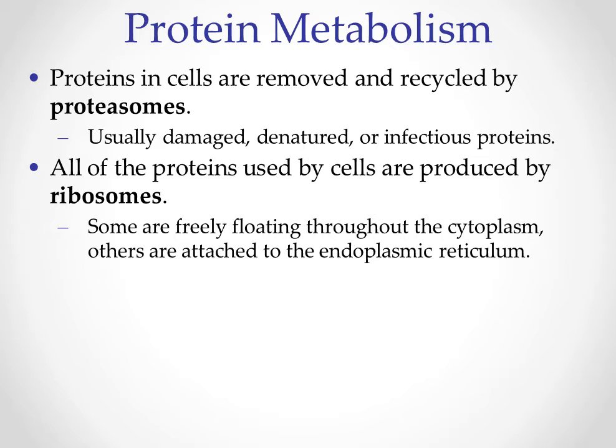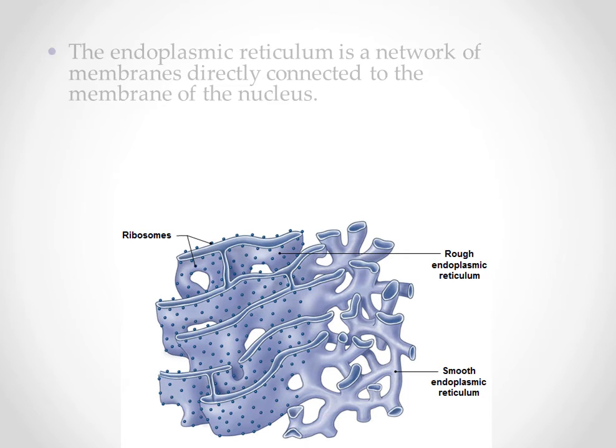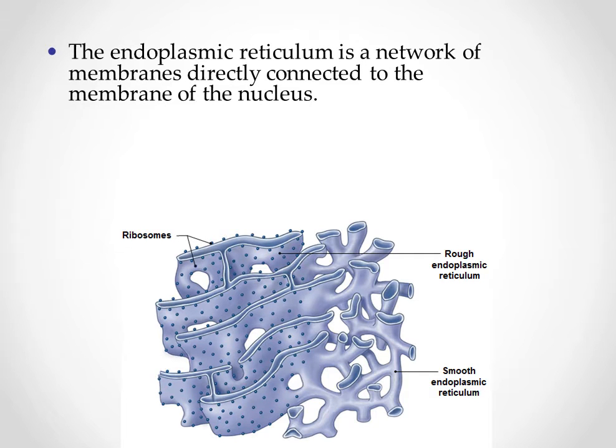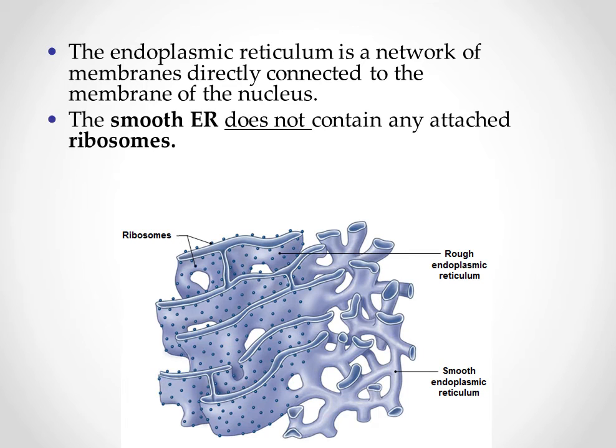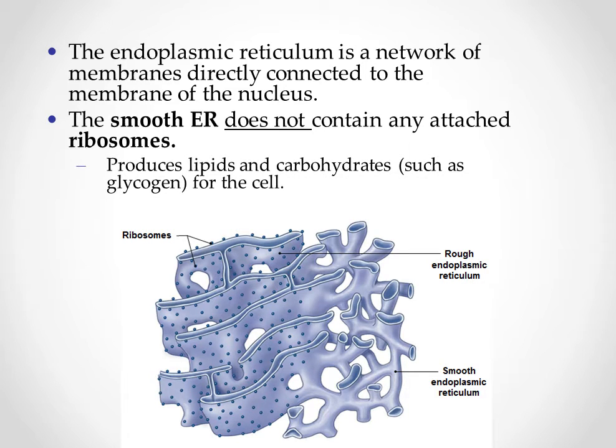some different ways that we use or create proteins. Endoplasmic reticulum. Now there are two different types of endoplasmic reticulum. If they do have ribosomes, it's going to be called the rough ER.